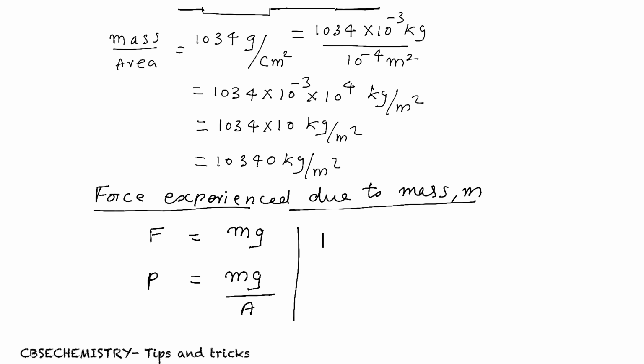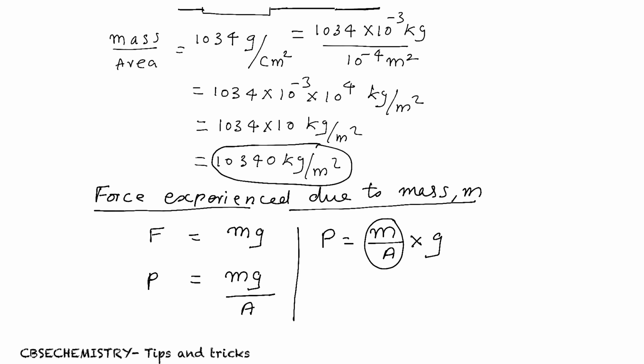Now we can write it like what? M by A into g, and we already know mass per area, right? Mass by area is what? 10340, correct? Into 9.8.